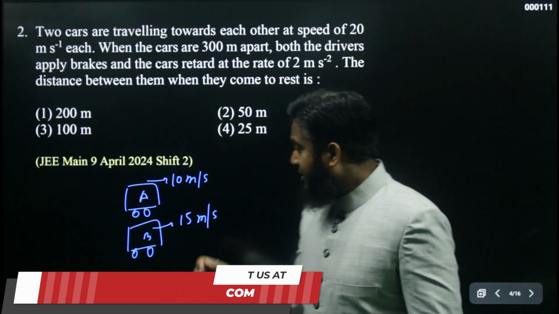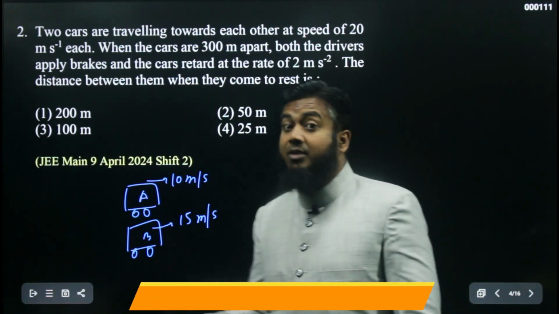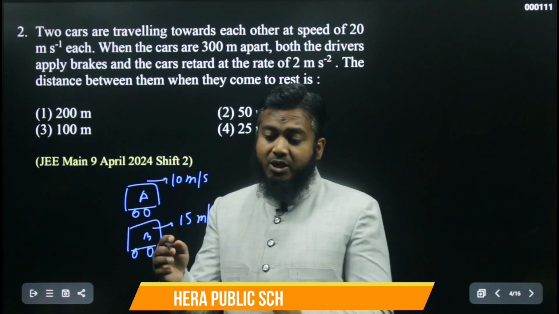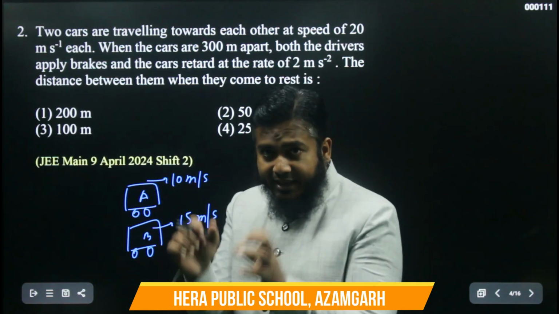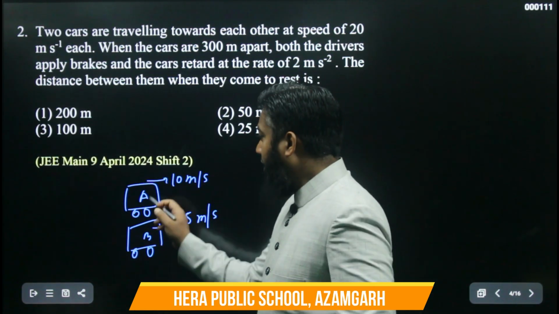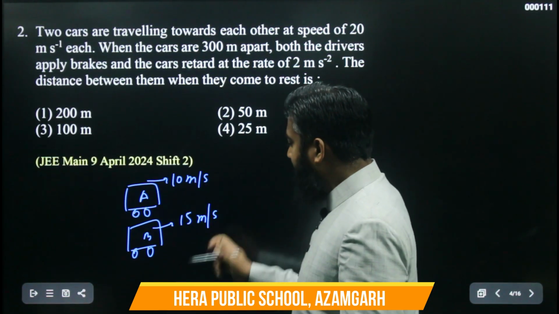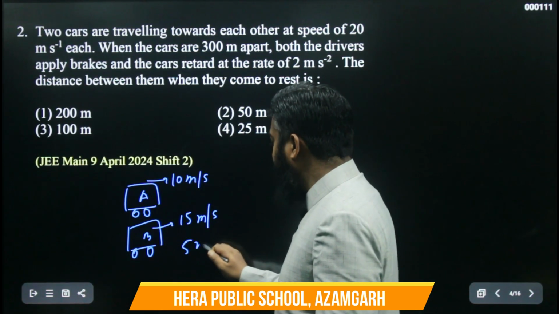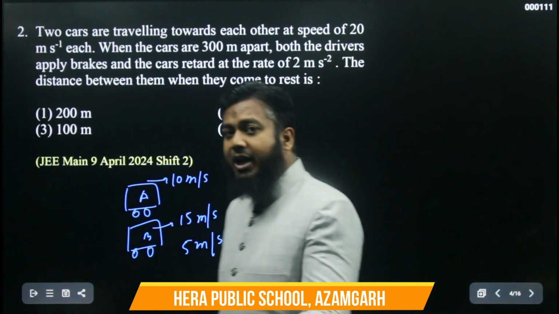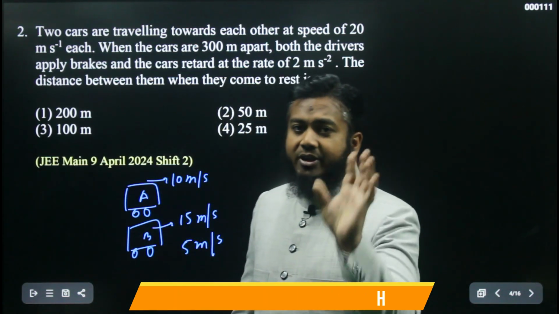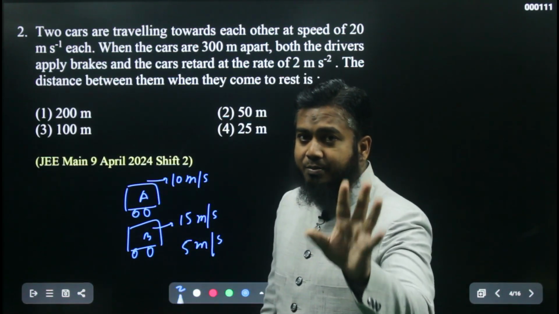Then how fast B is moving as seen from A? When someone observes B sitting inside A, how would he record the speed of the car B? So surely this is just 5 meter per second. With respect to A, B is moving only with a speed 5 meter per second.